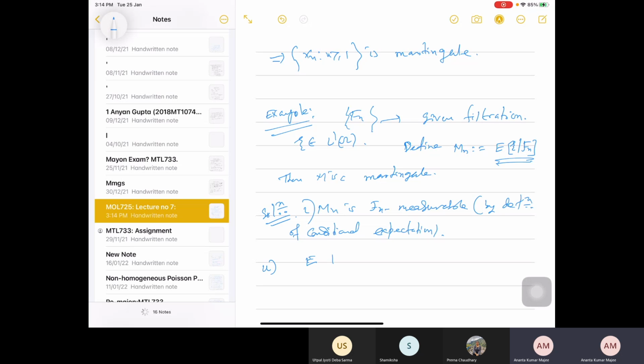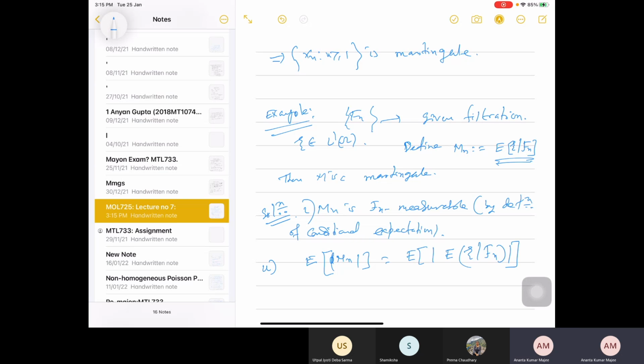So the expectation of mod Mn is nothing but the expectation of mod of the expectation of zeta given Fn.